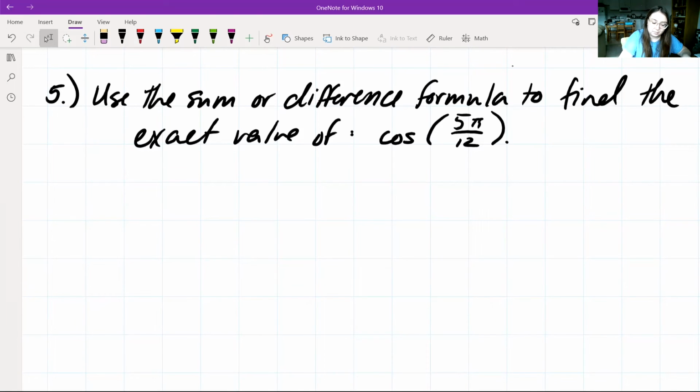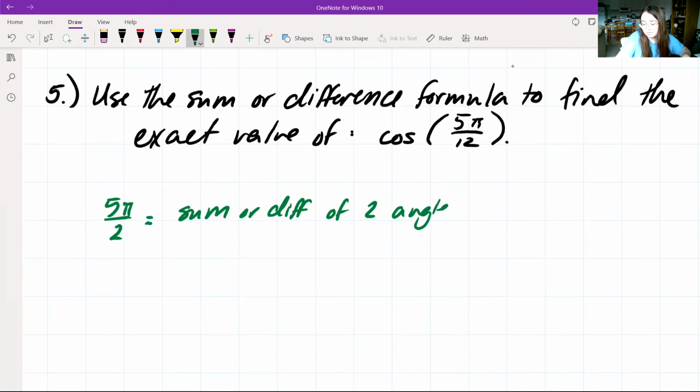So we can start off by getting that 5 pi over 12 is going to be the sum or difference of two angles, which remember we call alpha and beta.